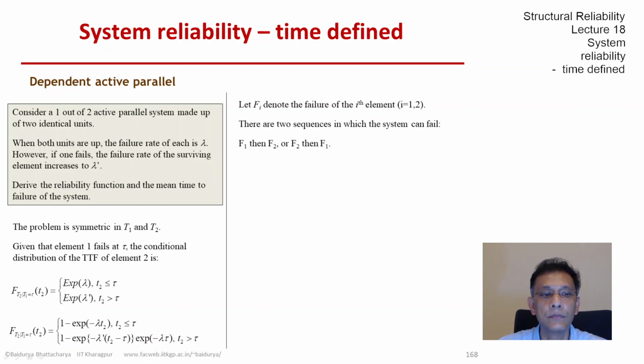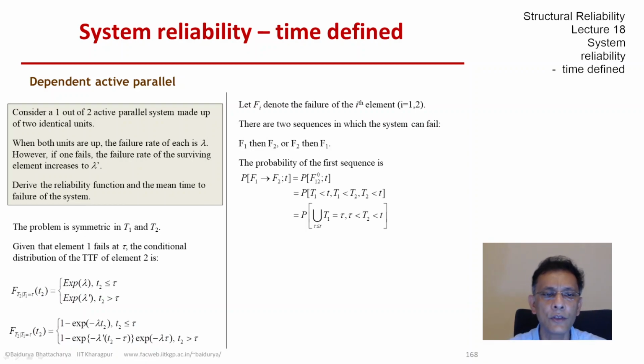So either F1 then F2 or F2 then F1, and the problem is symmetric, so we'll just take the first sequence. So F1 fails first, then F2, and that's what the conditional distribution on the left actually pertains to, that sequence, F1 then F2.